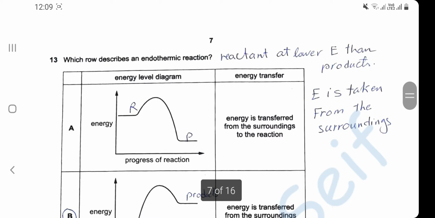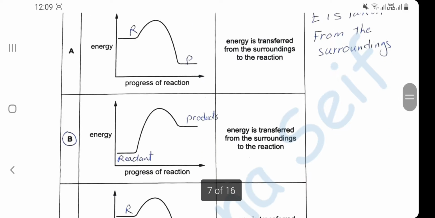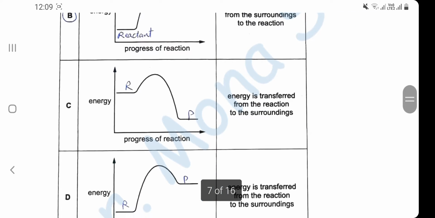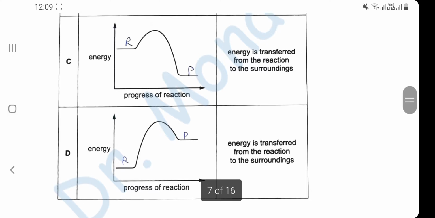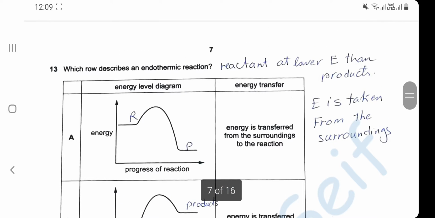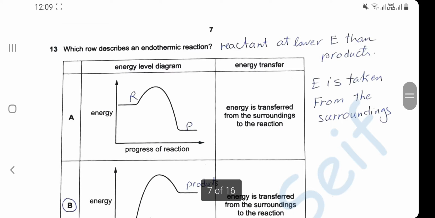Here we have 4 diagrams representing the progress of reaction and the energy during this reaction. Which row describes an endothermic reaction? An endothermic reaction means this reaction gains heat.